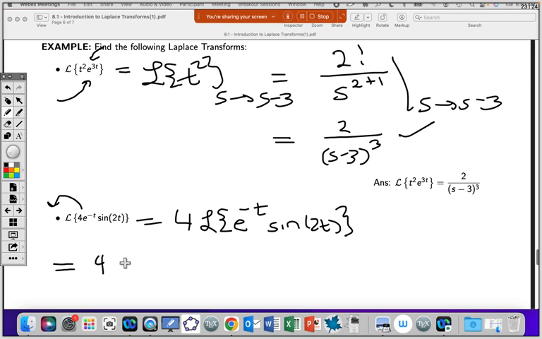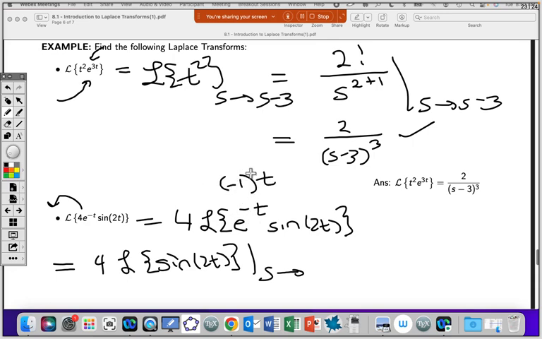So this is going to be 4 times the Laplace transform of sine of 2t. And when I'm all done with that, I'm going to replace the s with s minus a. Well, in this case, I can think of this as a negative 1 times t. So it's s minus a negative 1, aka s plus 1.